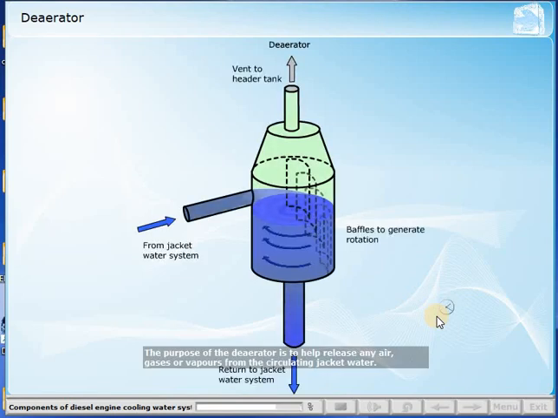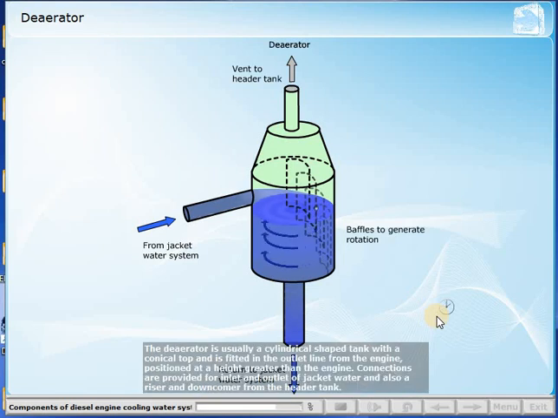The purpose of the deaerator is to help release any air, gases or vapors from the circulating jacket water. The deaerator is usually a cylindrical-shaped tank with a conical top and is fitted in the outlet line from the engine, positioned at a height greater than the engine. Connections are provided for inlet and outlet of jacket water and also a riser and downcomer from the header tank.